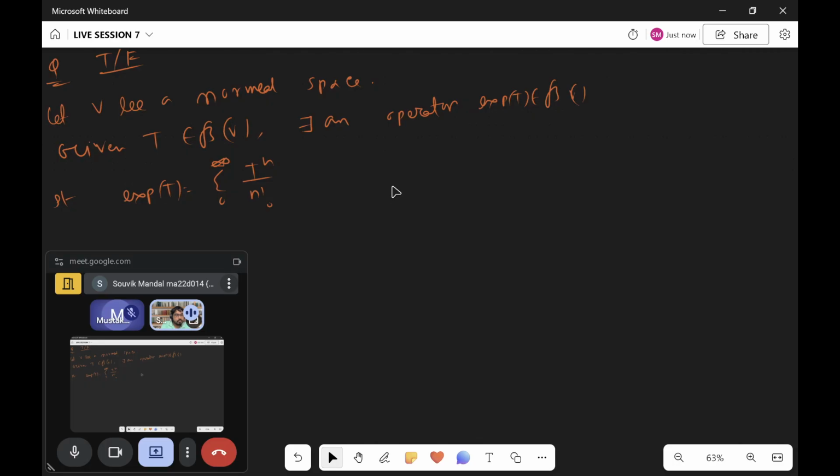Suppose V is a normed space, T a bounded linear operator on V. Show that there is an operator exp(T) in B(V) such that exp(T) is equal to this series. Is such a thing true or false? Okay.